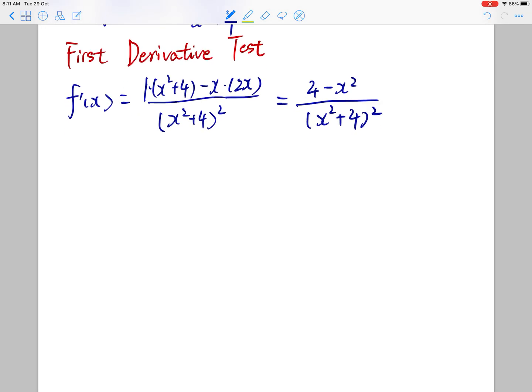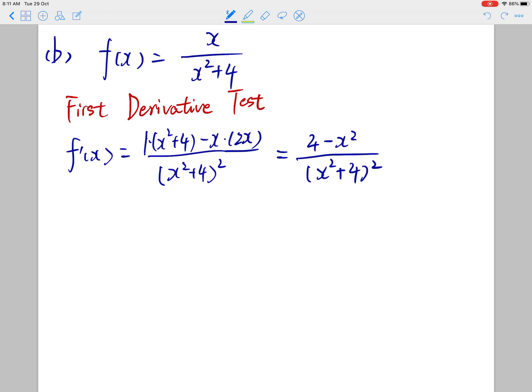Now this denominator is not going to be 0, because x squared plus 4 is greater than or equal to 4 and always positive. So when f prime x equals 0, it just means the numerator equals 0, because the denominator is always greater than 0. So x is positive or negative 2.